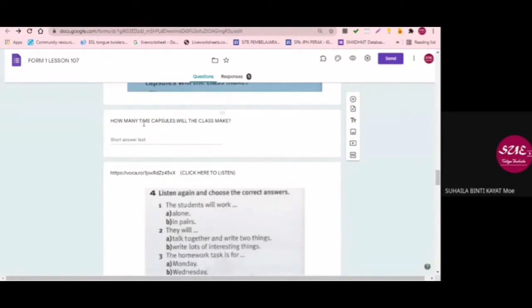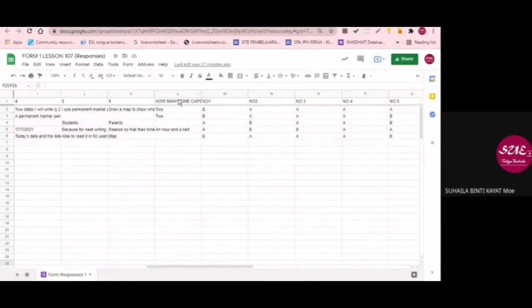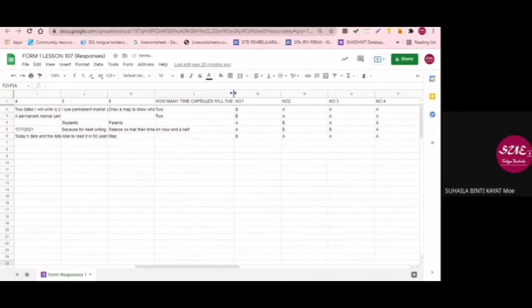How many time capsules will the class make? Okay, kita tengok jawapan. Saya klik dulu jawapan kawan awak ni. Besar sangat.